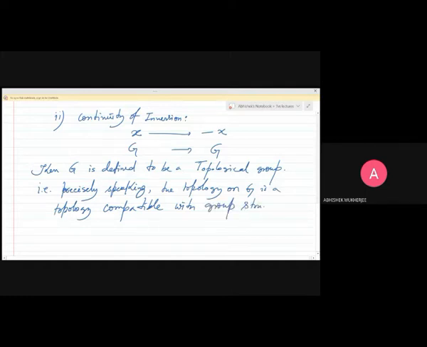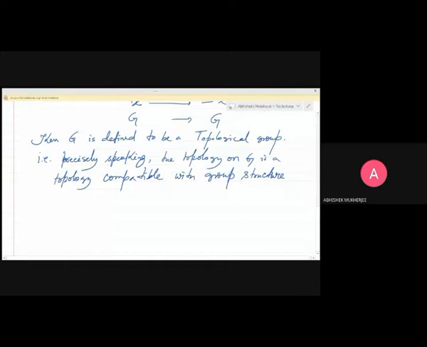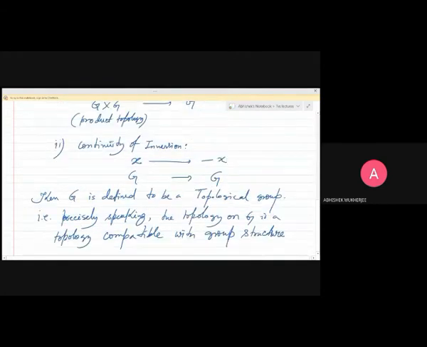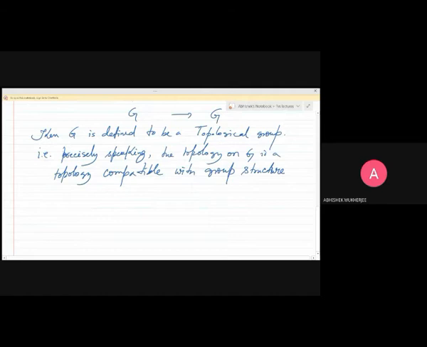So we are going to blend the algebraic structure with a topological structure. So in this way, we can define a topological group on an abelian group G.